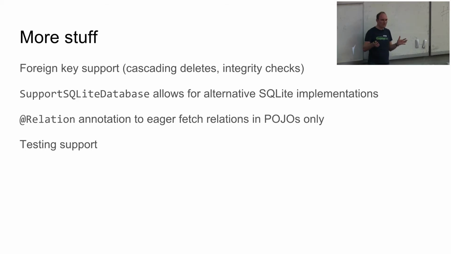It's kind of complicated how it works, in the sense that you need to make sure that your field is mutable and that kind of stuff. But if you really think you need that support, then it's there. It also has great testing support, so there's pretty good documentation on that in the Room documentation.